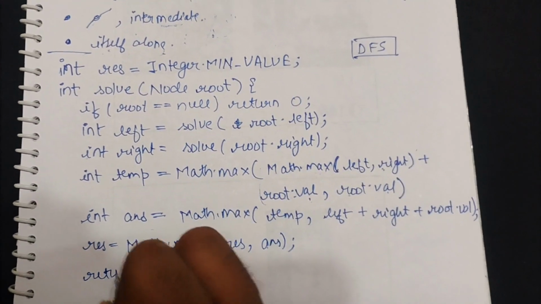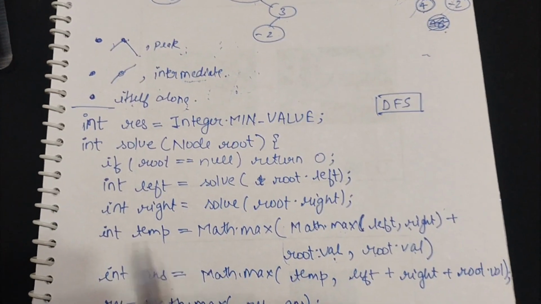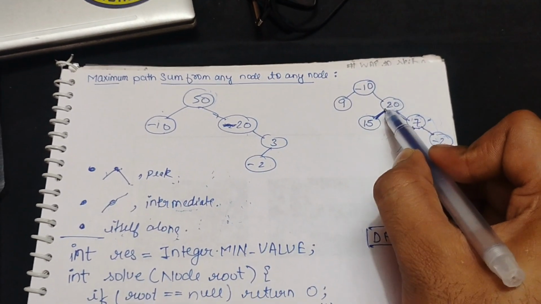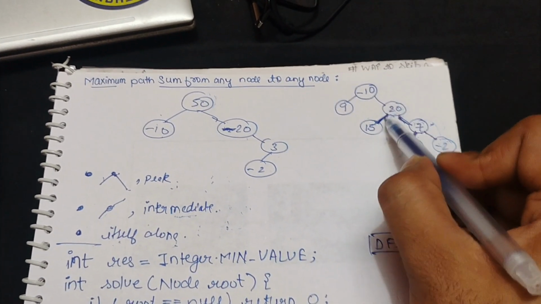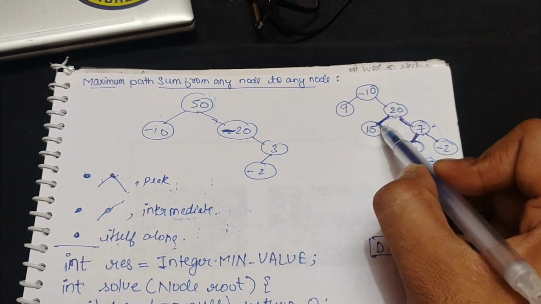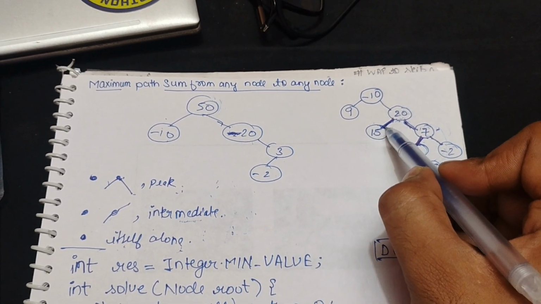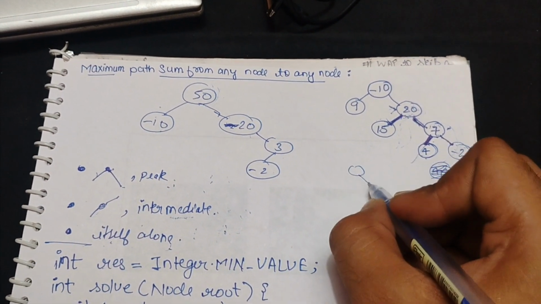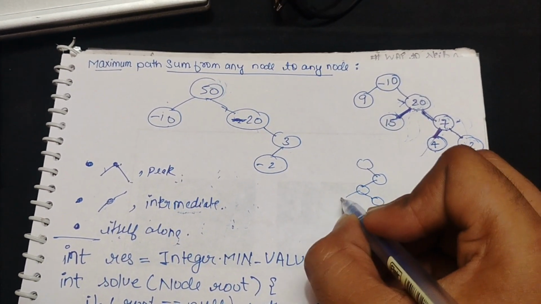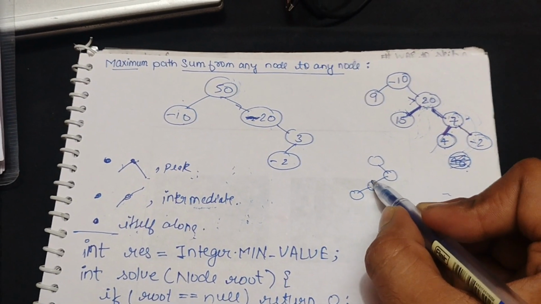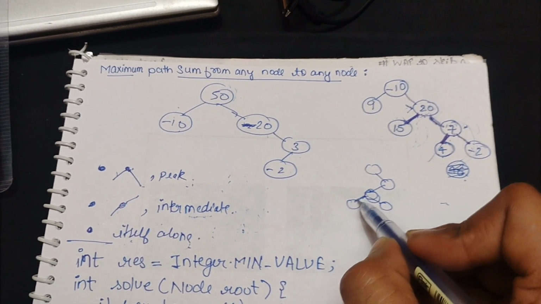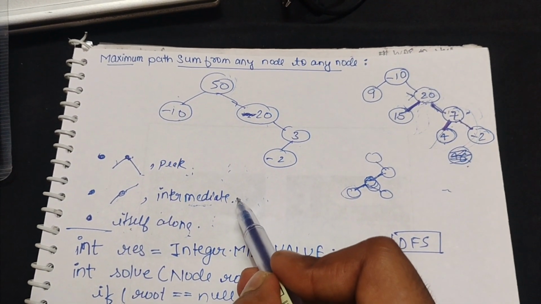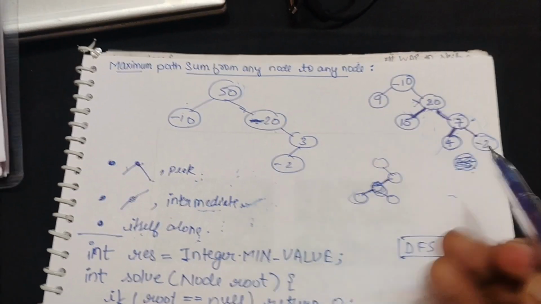Now I will return what I should return. I'll return temp. Why? Because for a node, if a node is returning something, that means it is wanting to connect to the upper subtree. For example, if I have this tree and this node, if it wanted to choose this left part and get connected to this upper subtree, then it will check this, it will return this, right?